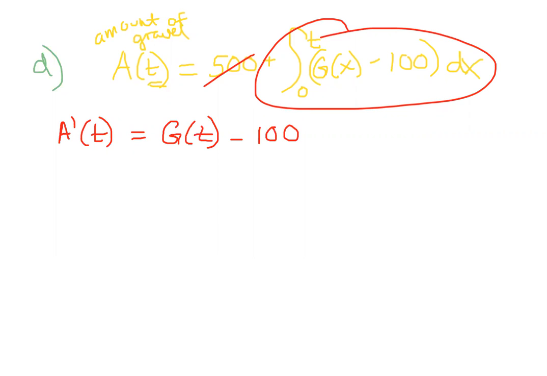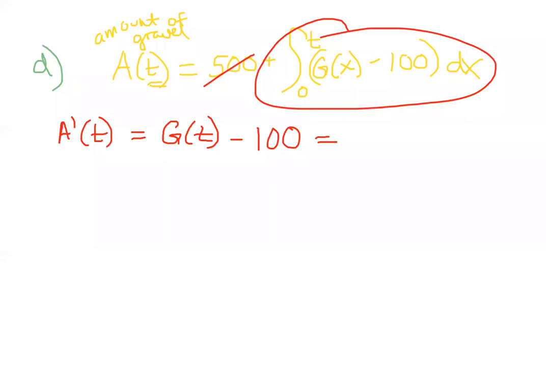minus 100t. No, I did that wrong. It's just G of t minus 100. All right, so we want to know when it's a maximum.